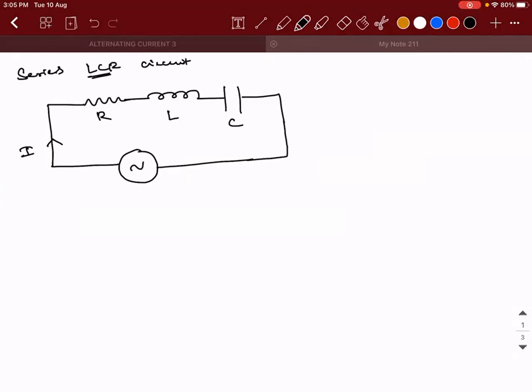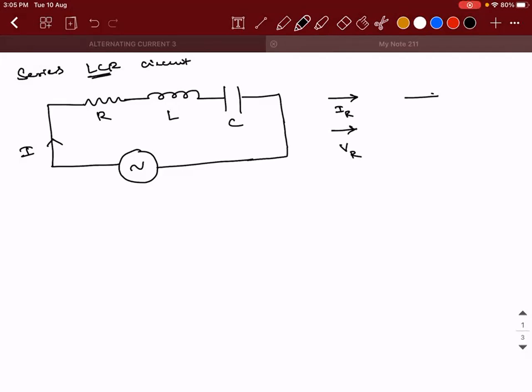Right? So if the current in this conductor is flowing in this direction, we take the current as a reference. If the current across the resistor is IR, then how is the voltage with respect to current that we saw yesterday? IR and VR are both in phase.